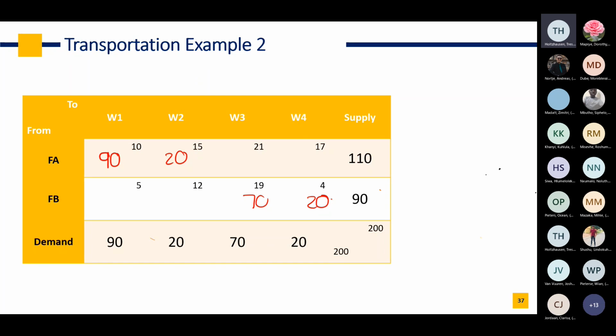So remember we said that the number of non-empty cells, in other words, the number of basic variables, in other words, the decision variables which are positive values that are not 0, have to be equal to the number of your columns, and you have 1, 2, 3, 4 columns, plus the number of your rows, so you have 1, 2 rows.